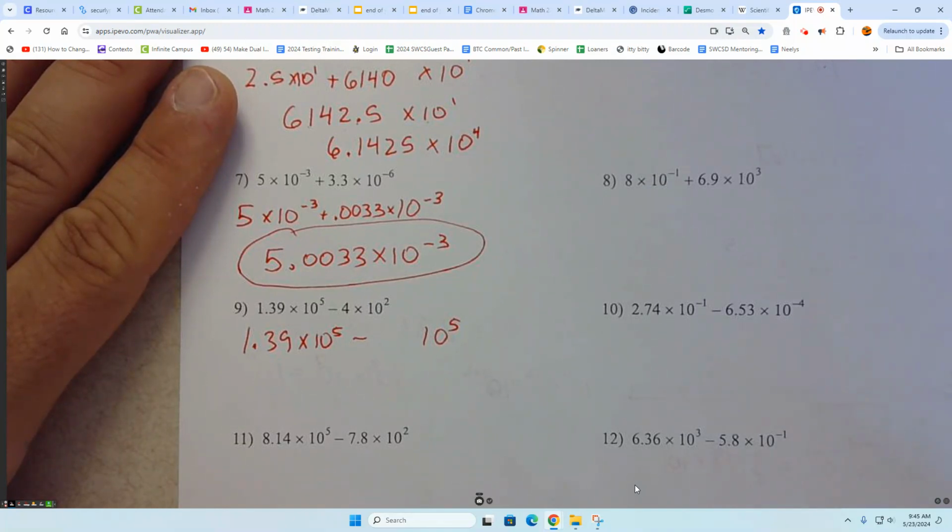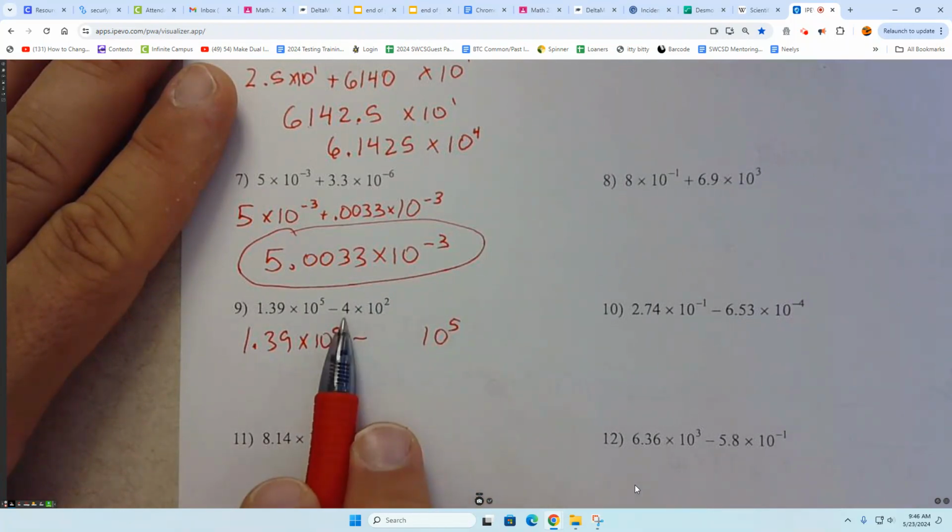Negative 7. No. It's the decimal movement. You're moving it. How many spots are we moving it? You're giving three, so positive three. So if we're giving 3, we're taking 3 spots away from this.